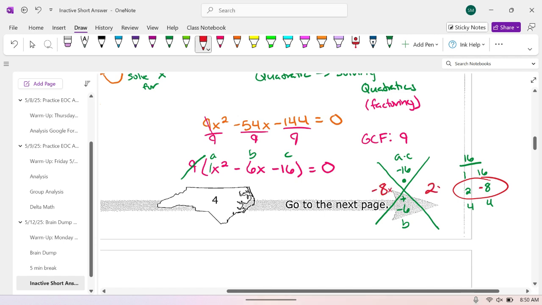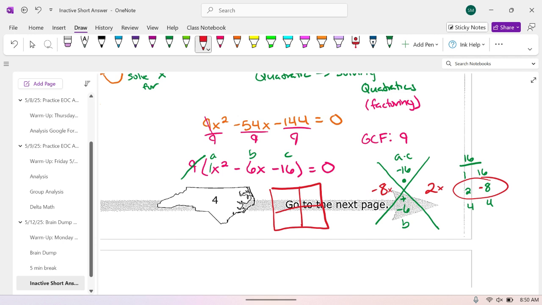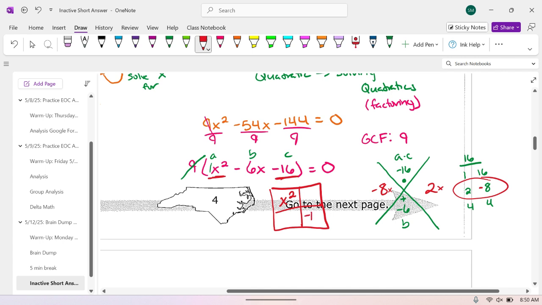And remember, it's replacing the b, so we're going to throw the x's in. Then I do reverse box. So remember, your ax squared goes in the top left. Your c goes in the bottom right. Then we have negative 8x and 2x. So what times what gives me x squared?